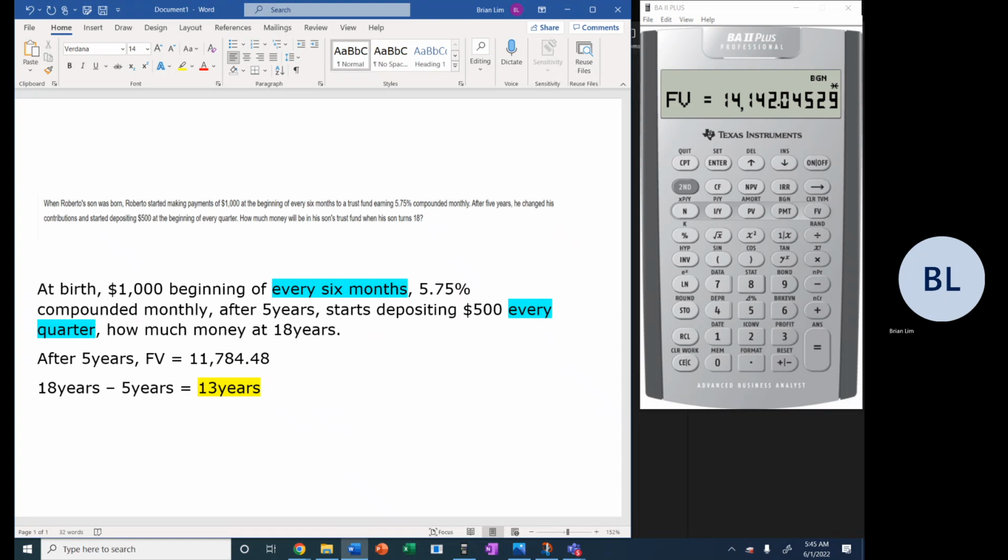So future value after 18 years is equal to 14,142.05. Now this is rounded to two decimal places.